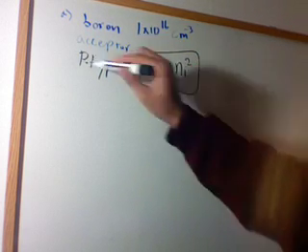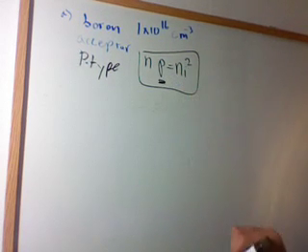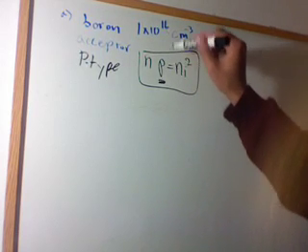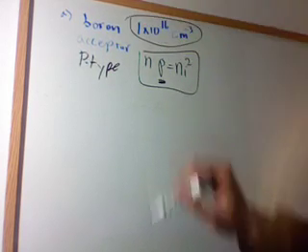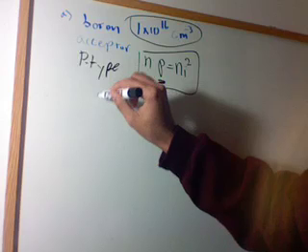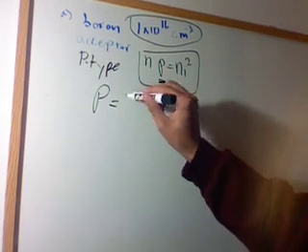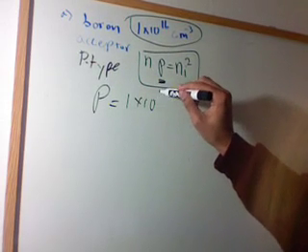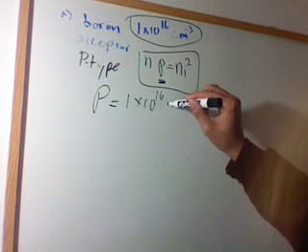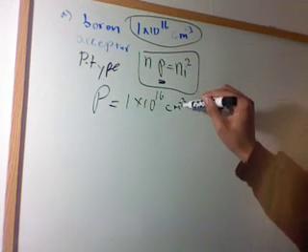We already know that it's p-type, so P is nothing more than the doping here. Boom. P equals 1 times 10 to the 16 per centimeter cubed.